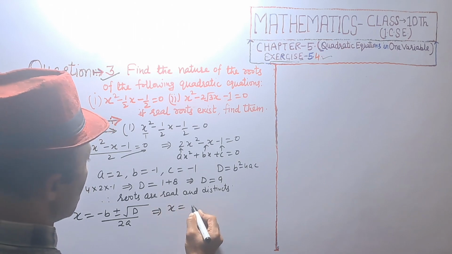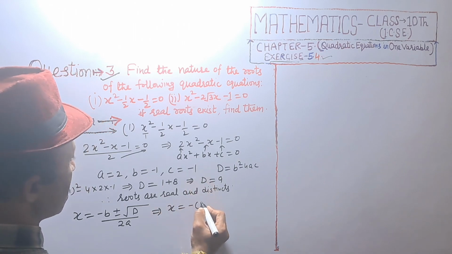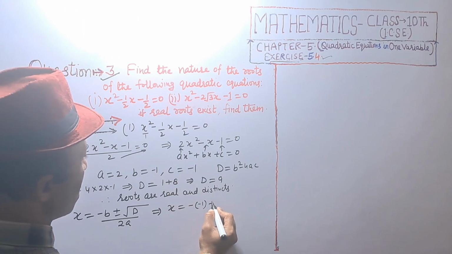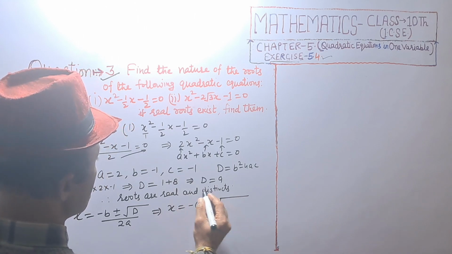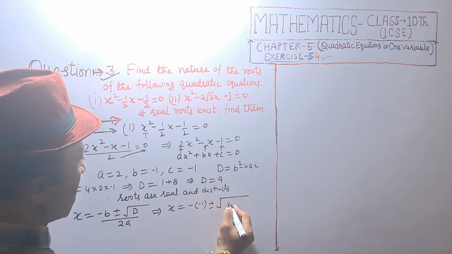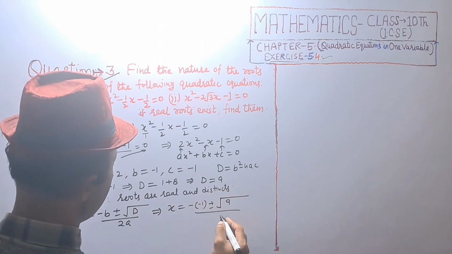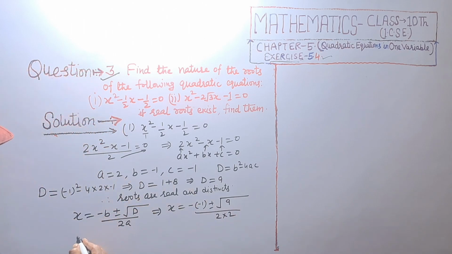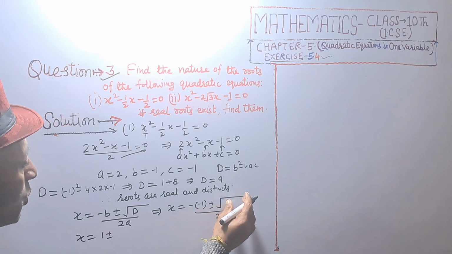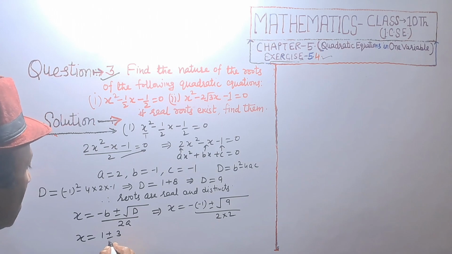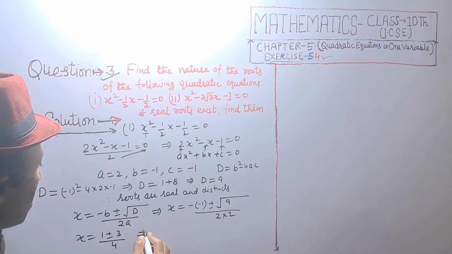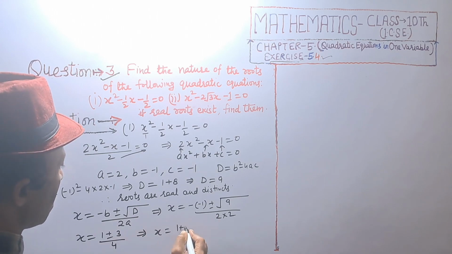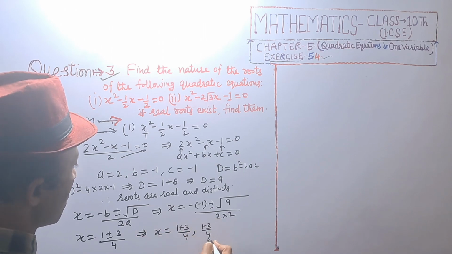x equals minus b, that is -(-1), plus minus root D, D is equal to 9, root 9, divided by 2 into a, a is equal to 2. x is equal to (1 ± root 9, that is 3) divided by 4, which implies x is equal to (1 + 3)/4 and (1 - 3)/4.